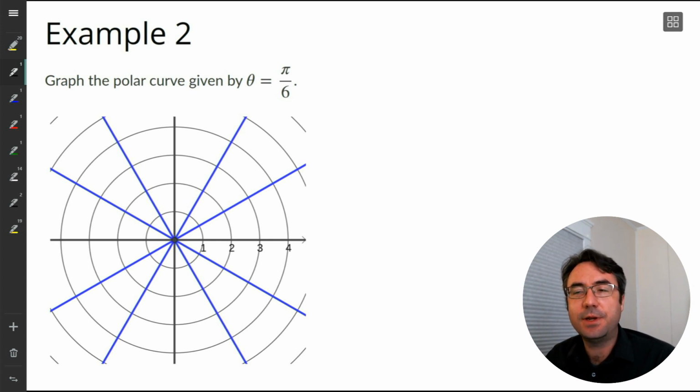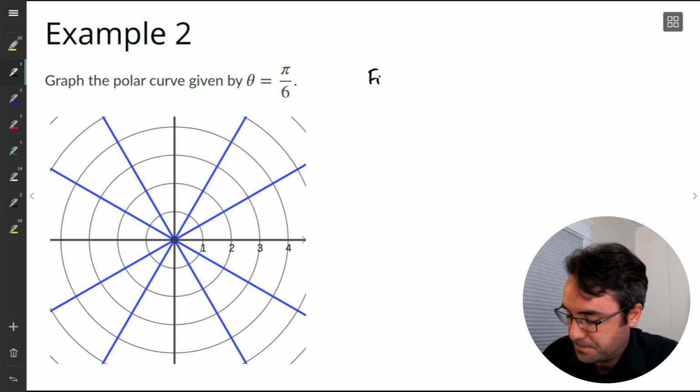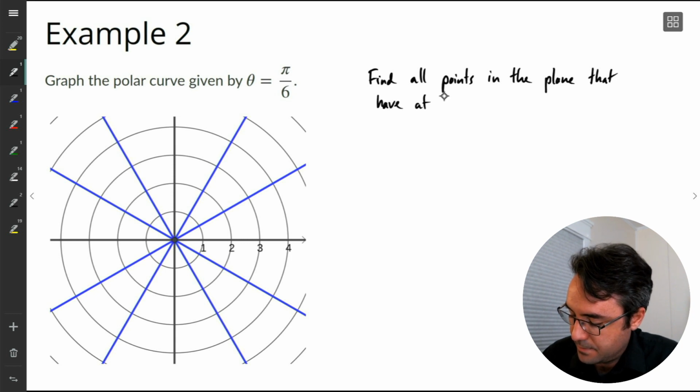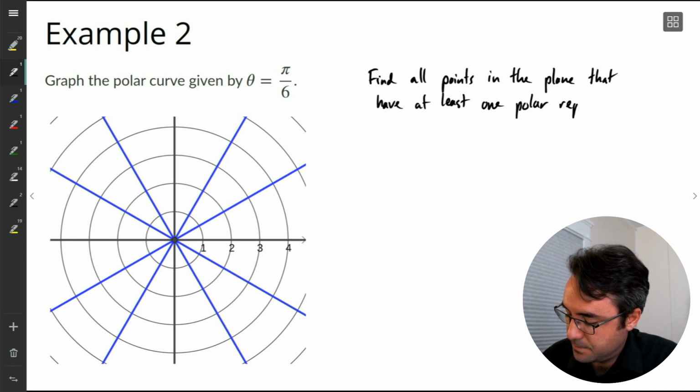So essentially what we want to do here is find all of the points in the plane that have at least one polar representation where theta is equal to pi over 6.